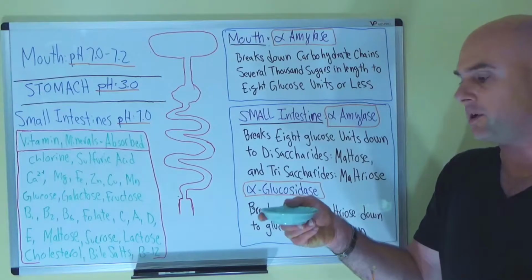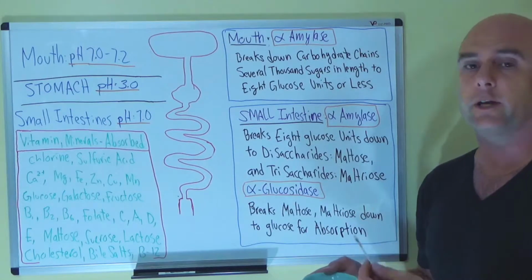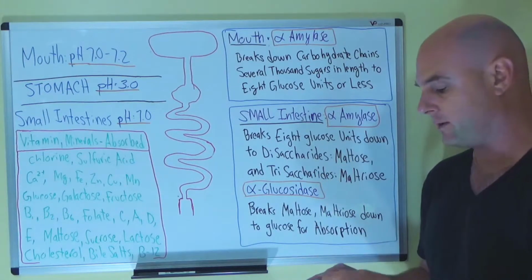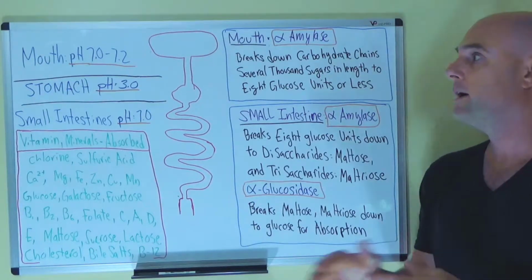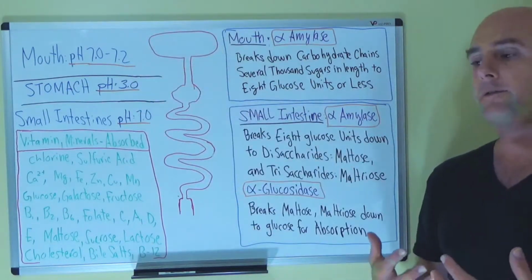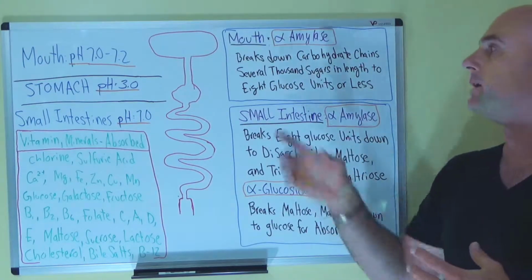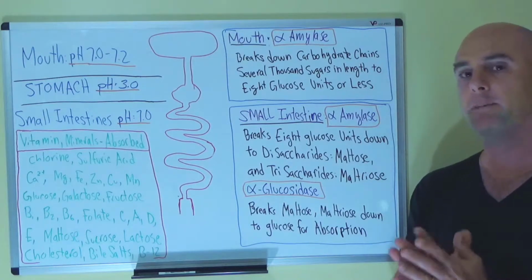I just used this small dish here and spit in it. Preferably you should spit first thing in the morning and take a pH sample to get a good reading, and you can see mine is about 7. So you can check the pH of your mouth to see if it's alkaline or neutral enough for alpha amylase to work.